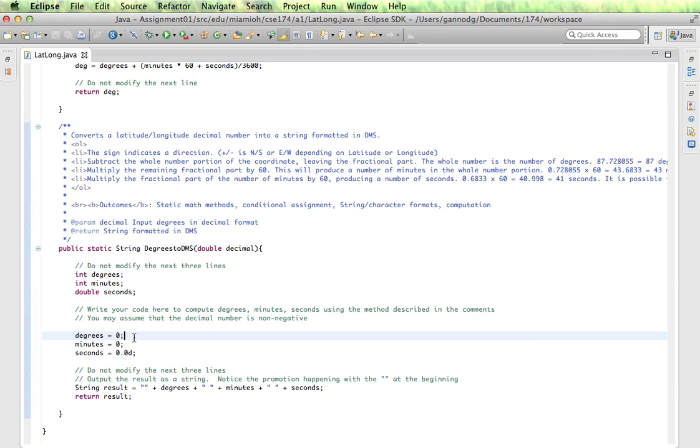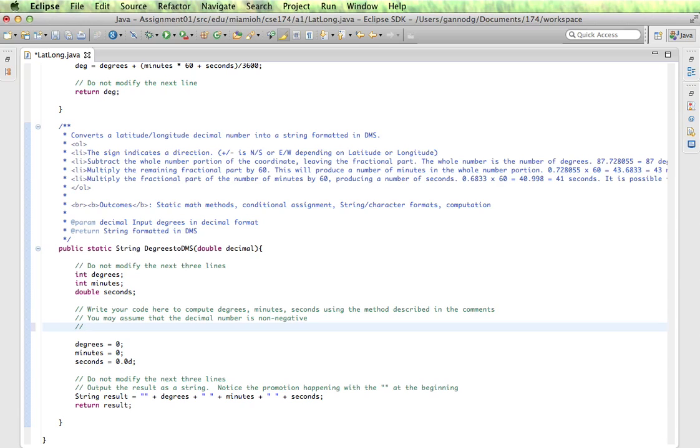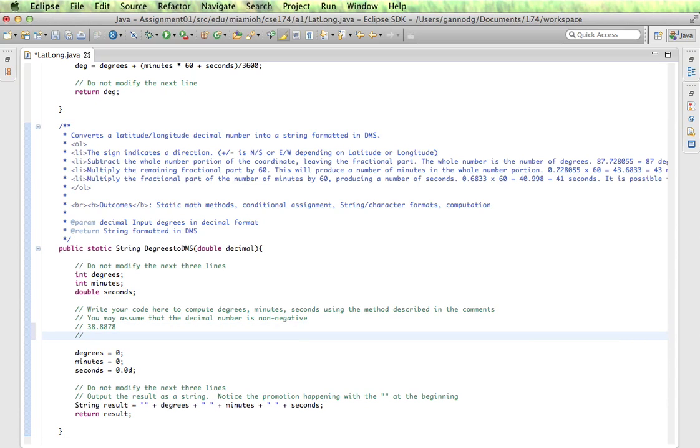I mentioned in class that in order to compute the degrees, what you want is to have the input. So whatever it is, and I'm just going to write an example here. So let's say the number is this 38.8878. I'm interested in two pieces here. I'm interested in the integer part, which is this piece here, and then I'm also interested in the fractional part, which is this piece here.